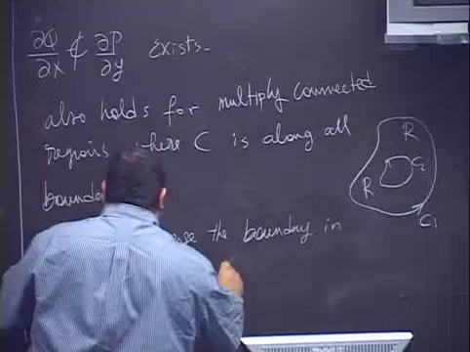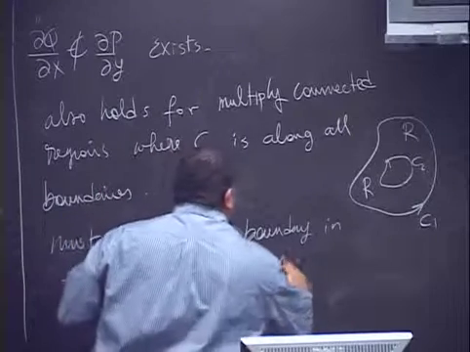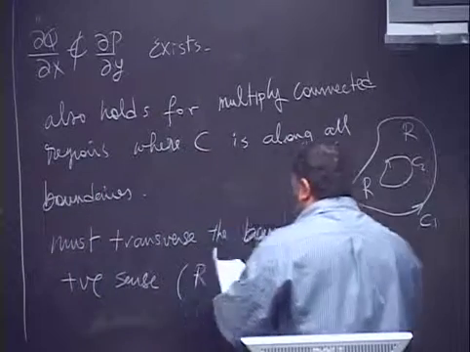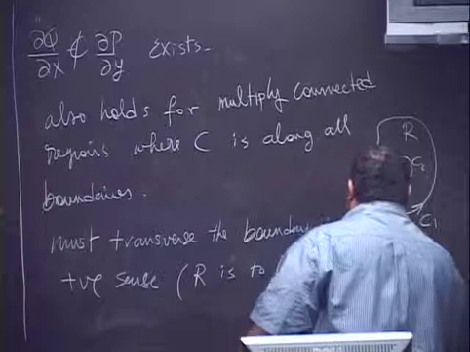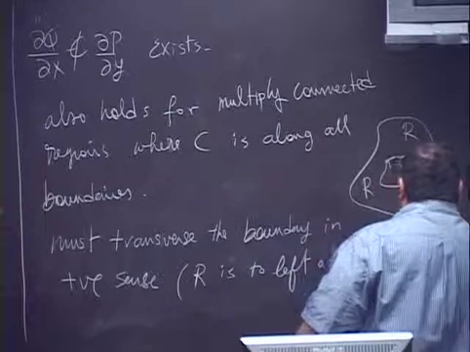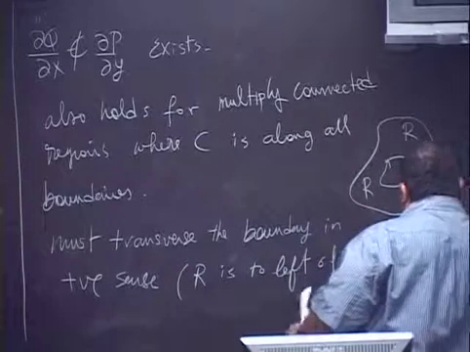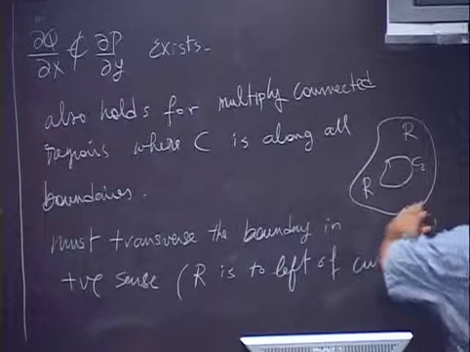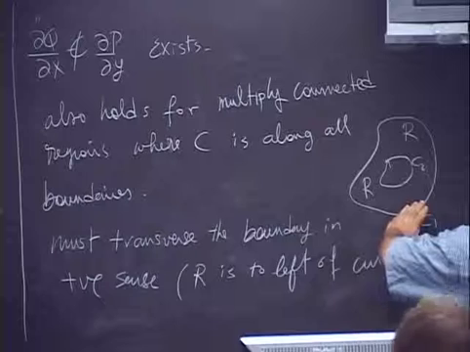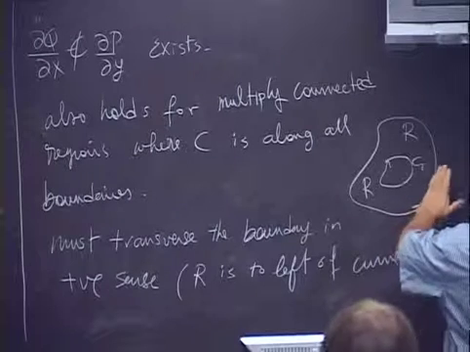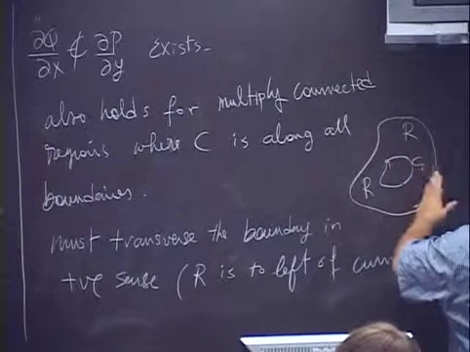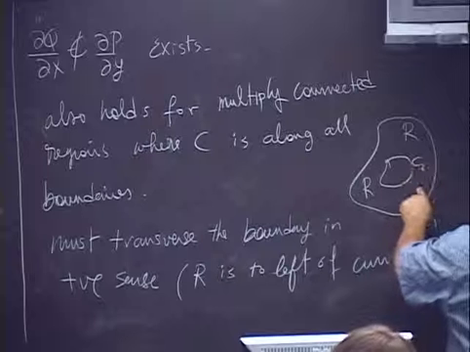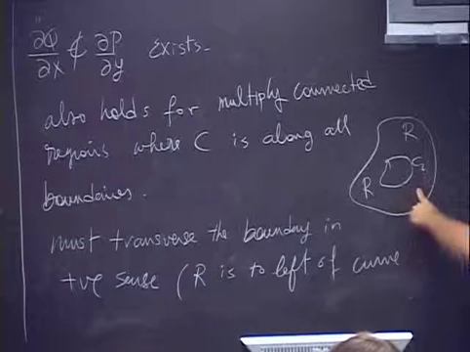It means that R is to the left of the curve at all times. Here the curve C is C1 plus C2. What does it mean? If you are doing the integration over the curve C1, while you are moving in this direction over C1, the region R is always to your left.